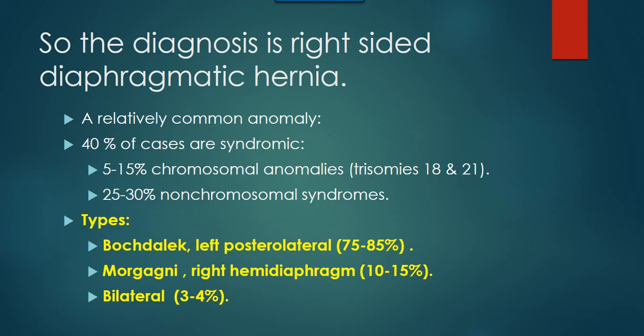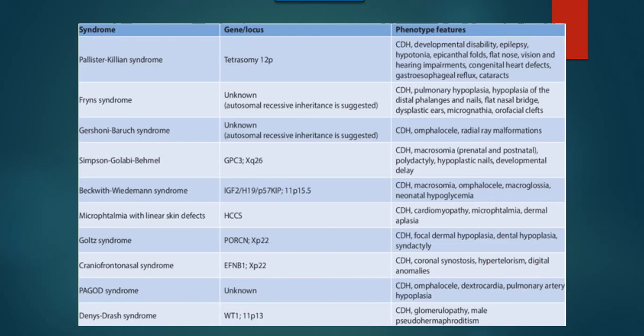The types of diaphragmatic hernia are either Bochdalek, which is left posterolateral and constitutes about 75 to 85% of cases, Morgagni hernia, which is a right hemidiaphragm constituting 10 to 15% of all diaphragmatic hernias, and bilateral in 3 to 4% of cases.